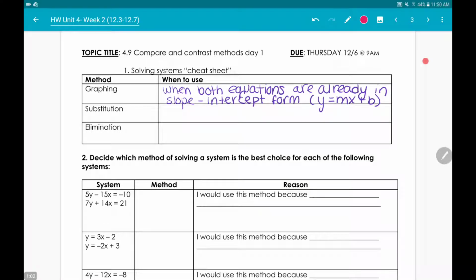Okay, so substitution. I want to use substitution when one equation has one variable already isolated.